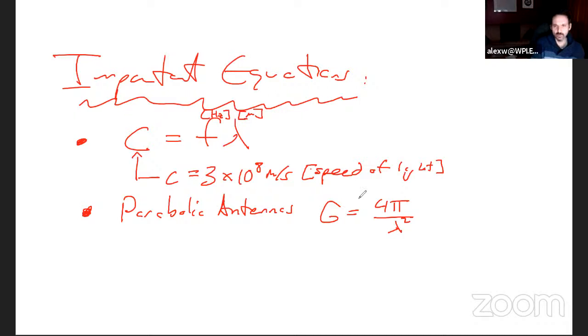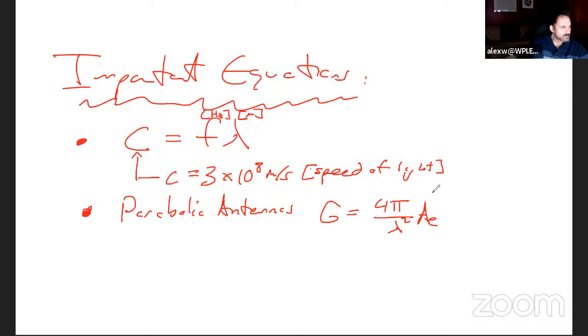There's something here. So there's something called effective area, all right? So what you want to do is, just hold on, folks.